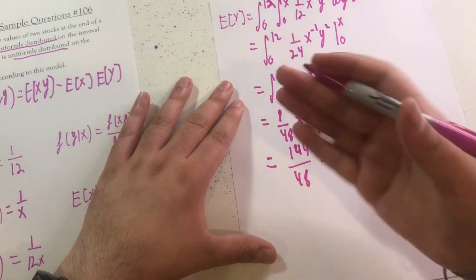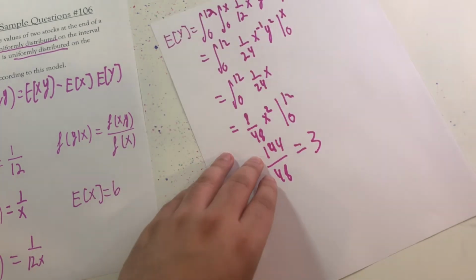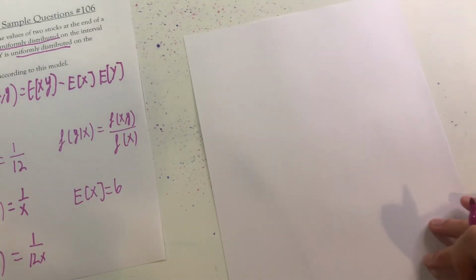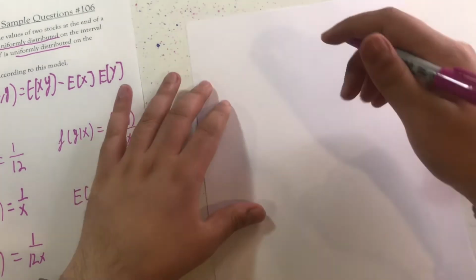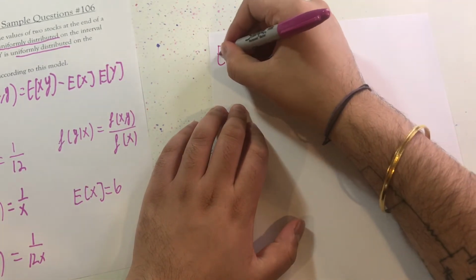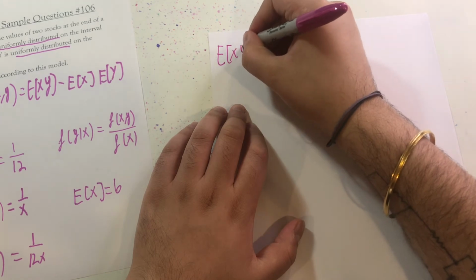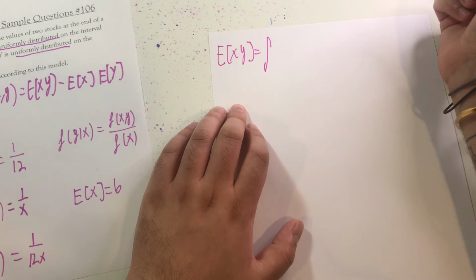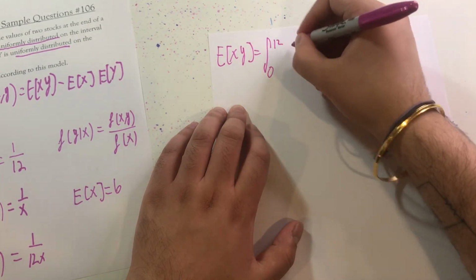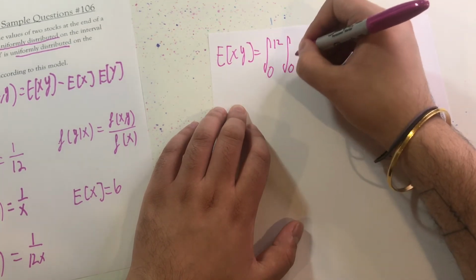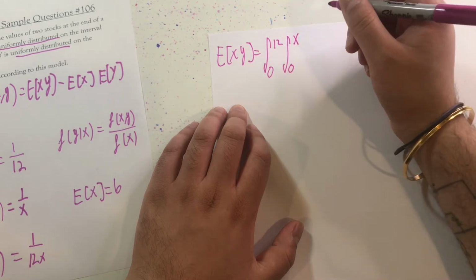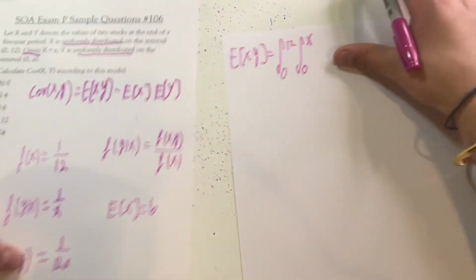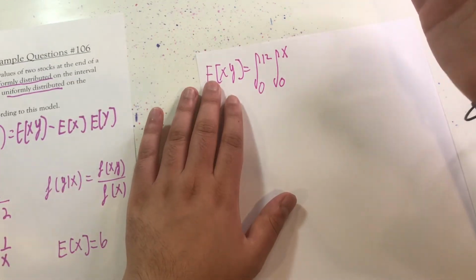All right, so expected value of y is 3, and the final thing to do is the expected value of xy. All right, not too difficult. Expected value of xy is equal to, once again, integrate 0 to 12, another integral, that's 0 to x, and xy multiplied by 1 over 12x is simply just 1 over 12y.